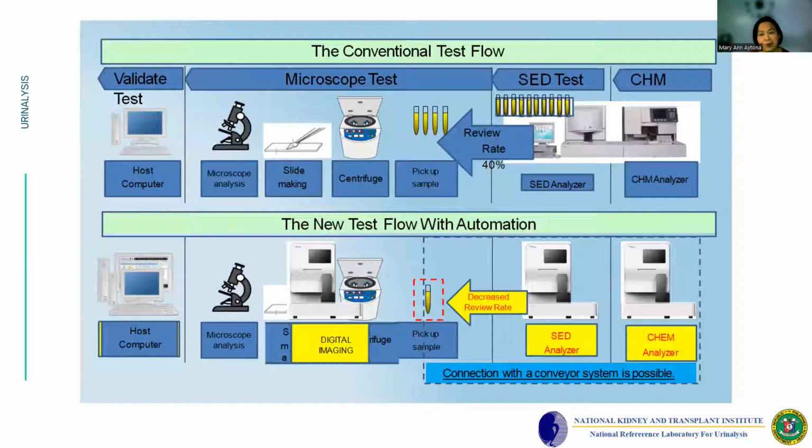Over the past 2 decades, automated urinalysis has undergone remarkable technical progress, from the conventional test flow to the new test flow with automation. Both microscopy and flow cytometric-based instruments generate reliable results that are clinically useful, and automated test strip reading provides added value.